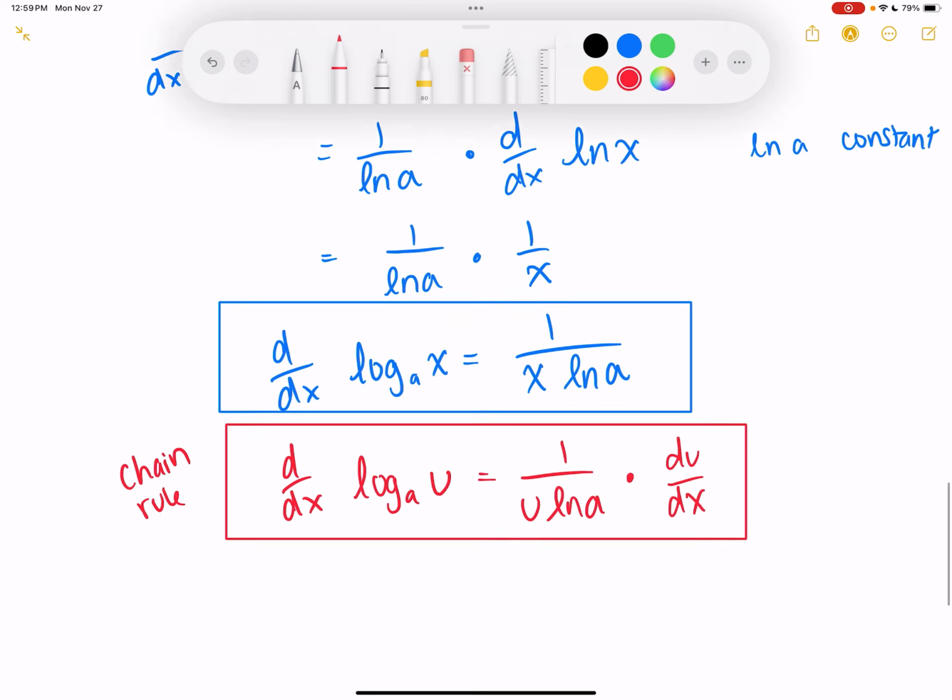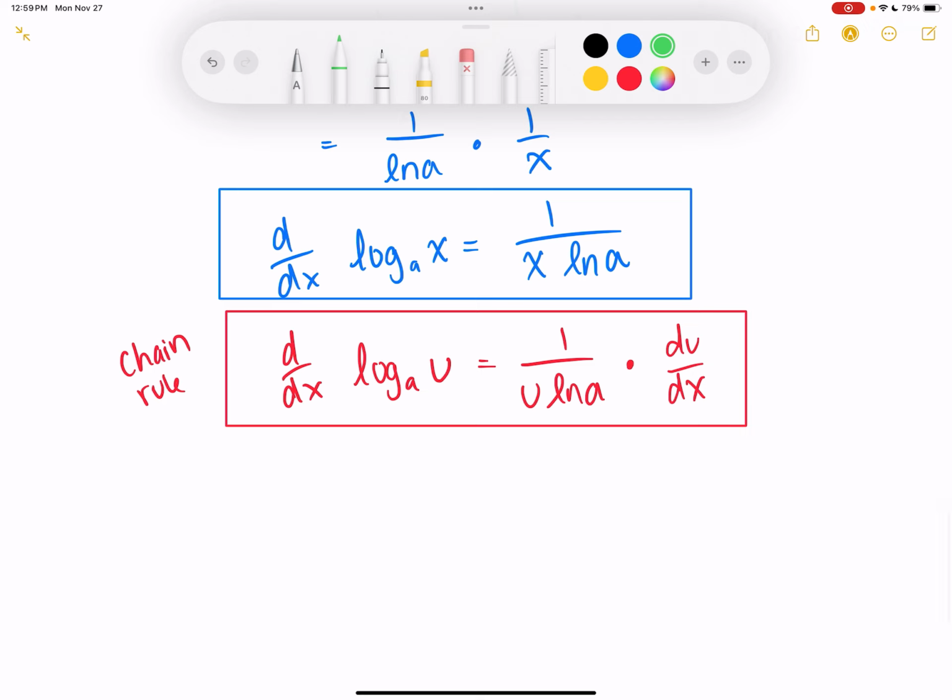All right, and then the last thing is a power rule, which we've already kind of seen. It's just going to be written a little differently for arbitrary real powers.